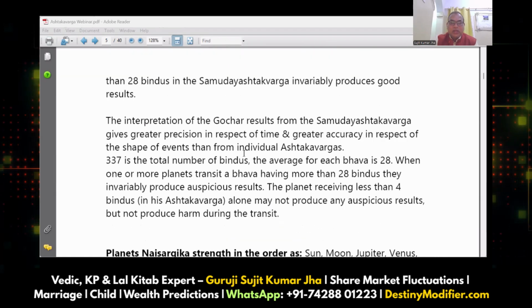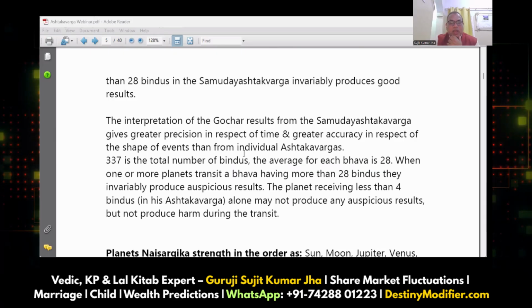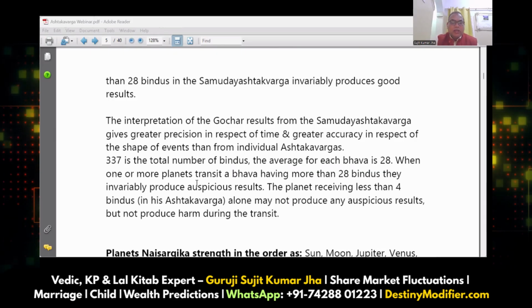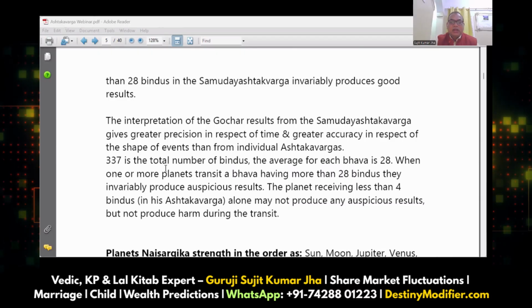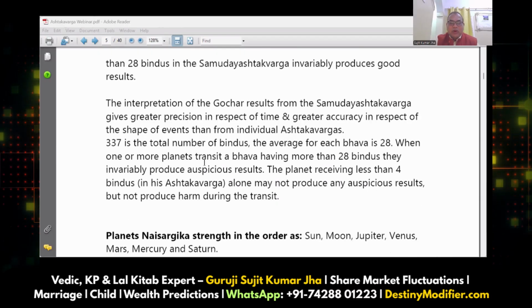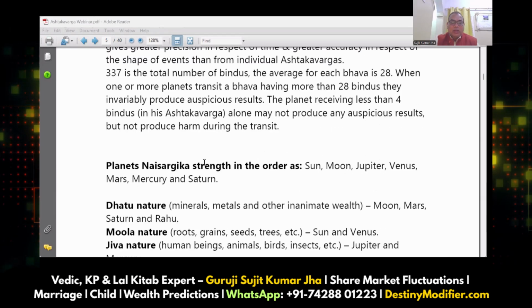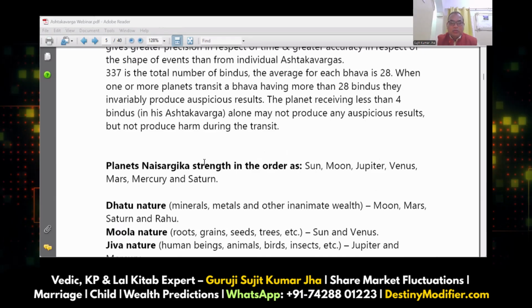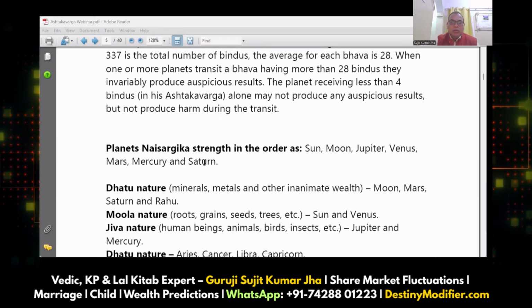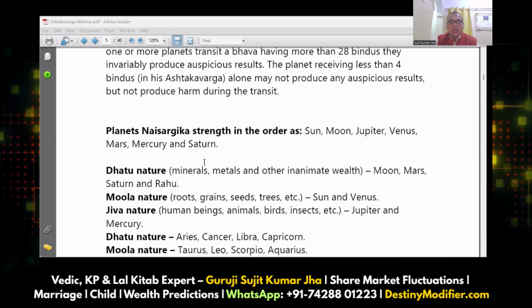If less than 28, it has less strength. The total points, if we add the 7 planets, is 337. If we divide by 12, because there are 12 signs, every sign should have around 28 points. If more than 28, the strength is more. Less than 28 means it is weak.